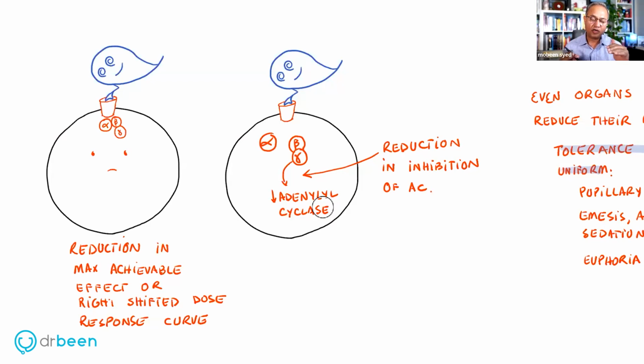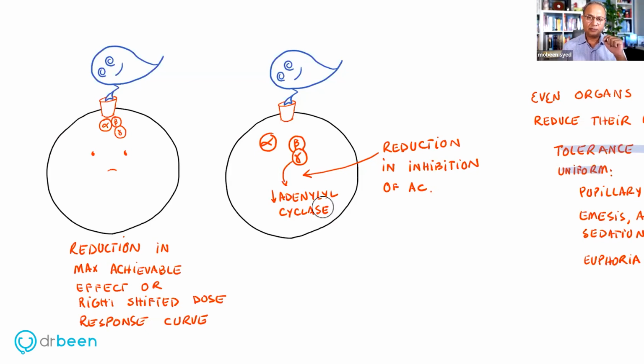I used to have 100 active at one time, and now only 50 are working. So there is something wrong. Maybe I should make more adenylyl cyclase. So it starts making more. So maybe instead of 50, now we have sufficiently more quantity of adenylyl cyclase that even when the opioid have suppressed 50 of them, we have now 60 or 70 because we made more.